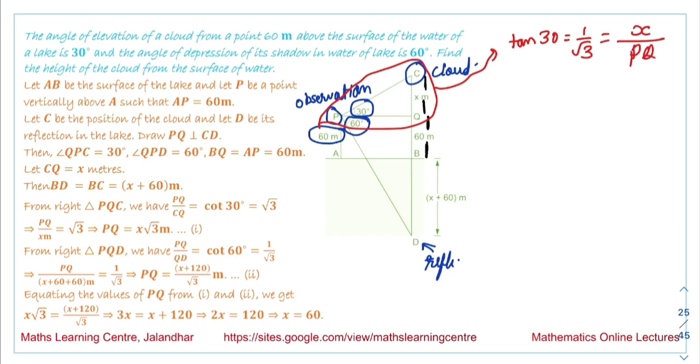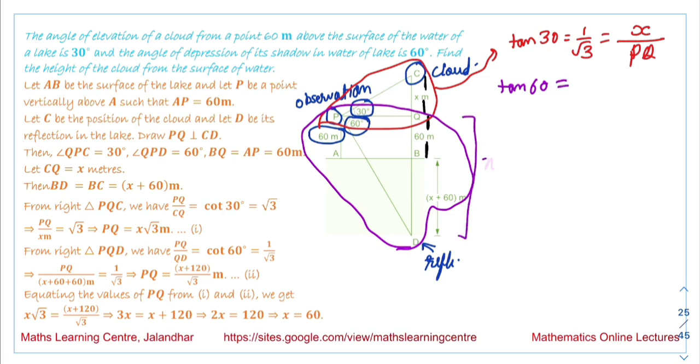When we are considering this other triangle, we are saying tan 60 is equal to, this total height is x plus 120. This is x plus 60, this is 60. By adding these two we get x plus 120 over PQ.